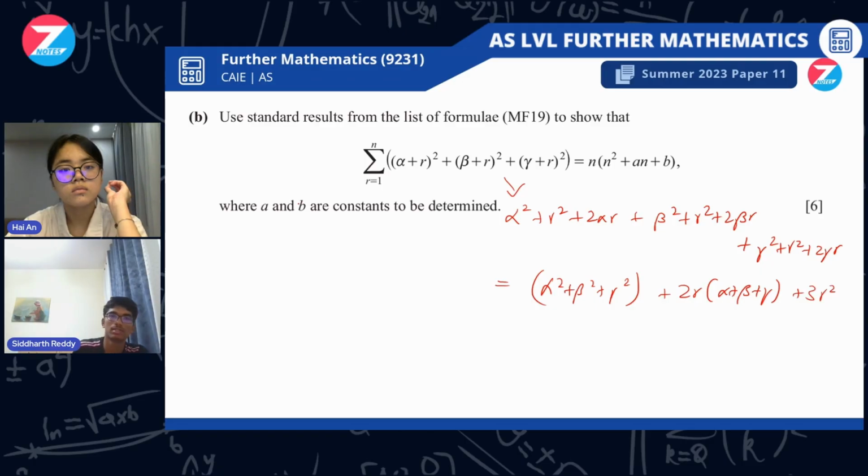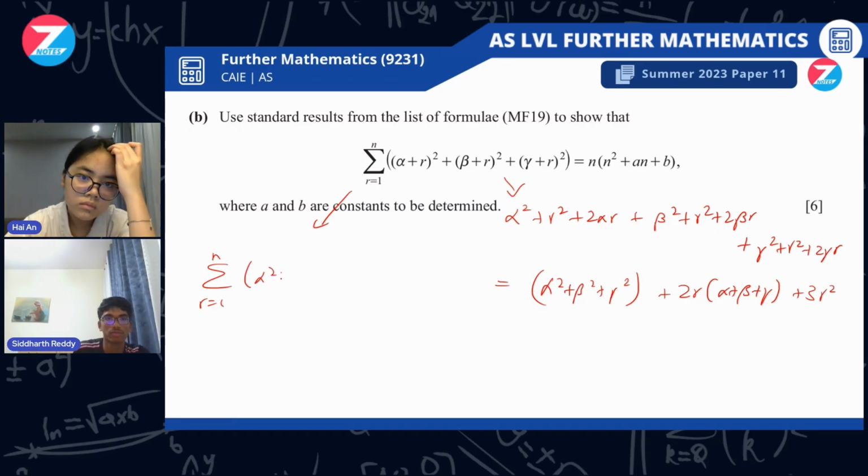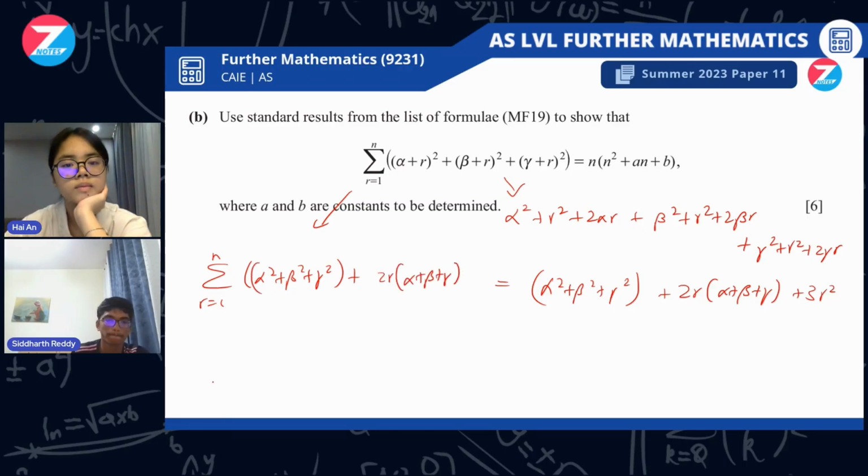So really this is just equal to sum from r is equal to 1 to n of alpha square plus beta square plus gamma square plus 2r into alpha plus beta plus gamma, plus 3r square.